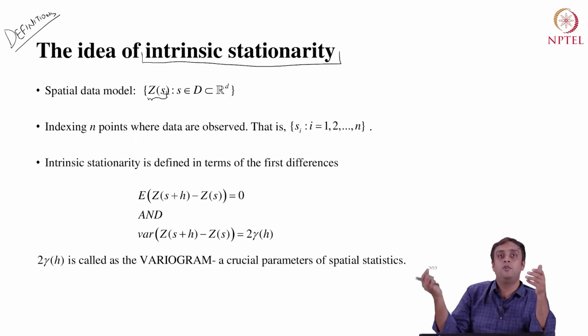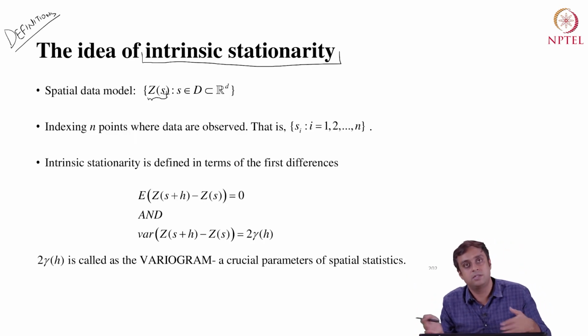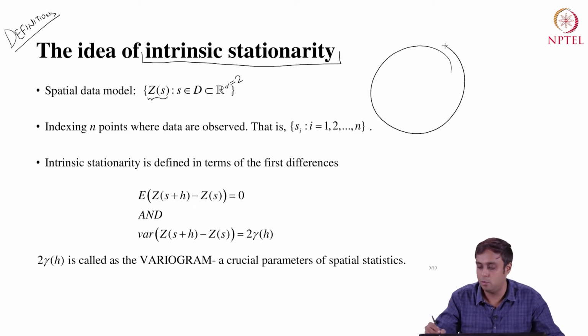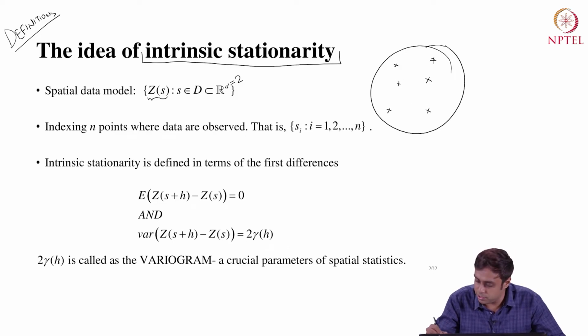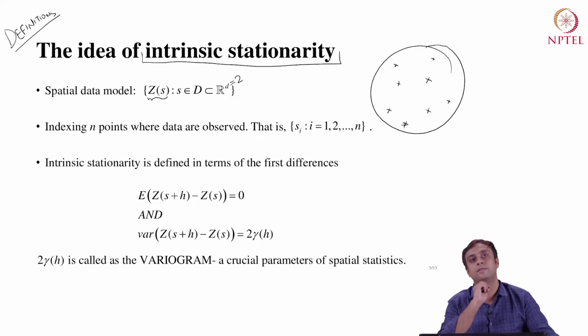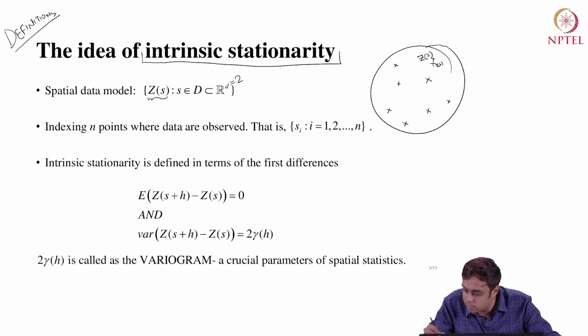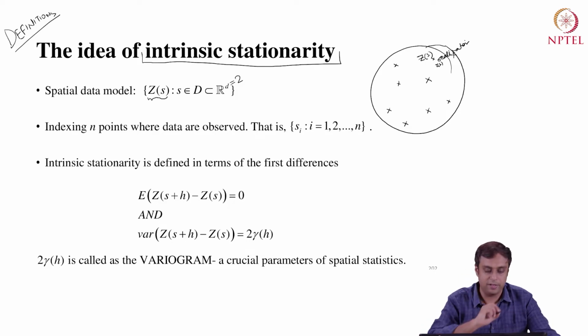And s is in a given domain, and the domain is a d-dimensional space. So we will always simplify our life, and let us say we work with a two-dimensional domain. Here I have data at different locations, and the data at each location are given by a random variable Z(s), and small z at this location s can be thought of as a realization of this random variable.